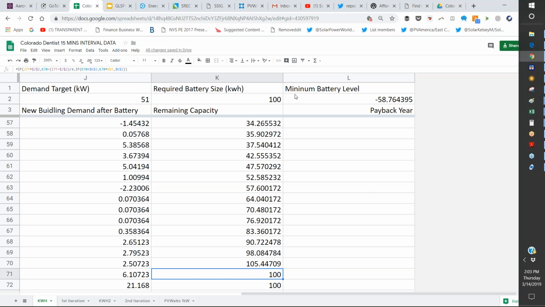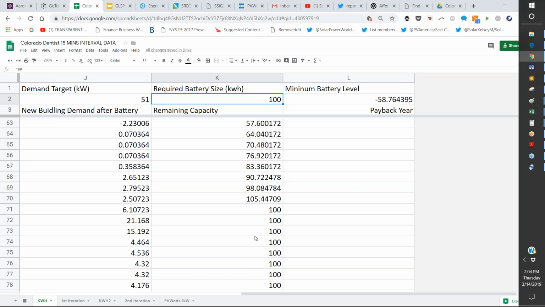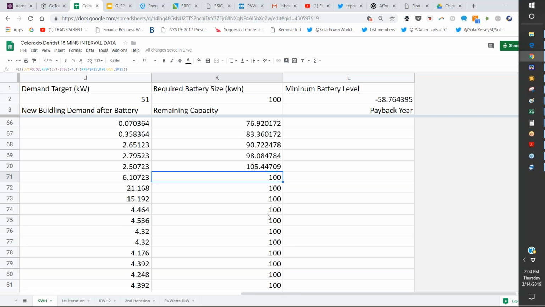Of course, we're saying our battery is only a 100 kilowatt hour battery, so once it gets above 100 kilowatt hours, we have to make sure it doesn't exceed our maximum battery size. And so through formula linking, a lot of if formulas within our spreadsheet: if the battery capacity is greater than the maximum battery size, make the formula the maximum battery size. Don't overcharge our battery with capacity it doesn't have.